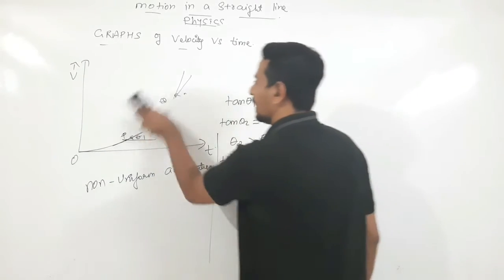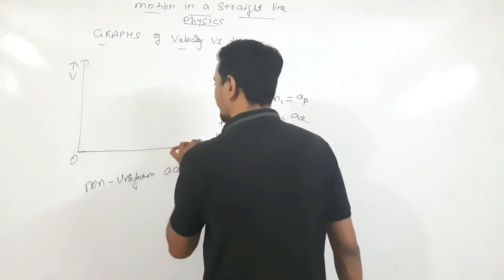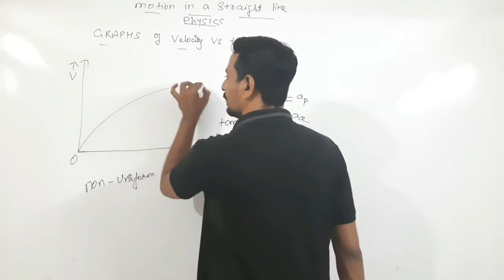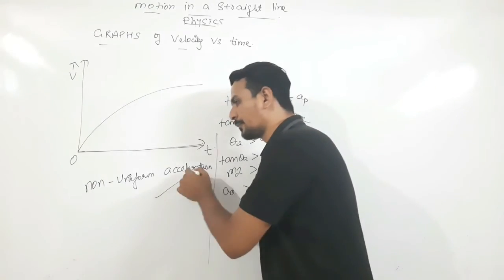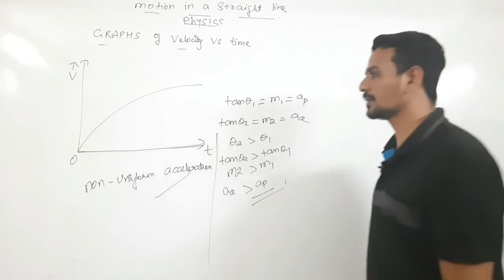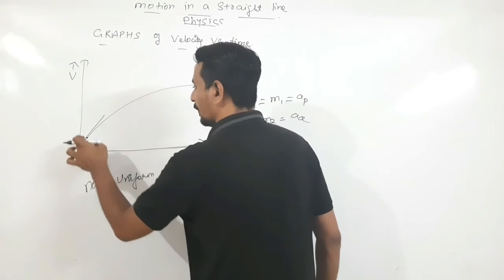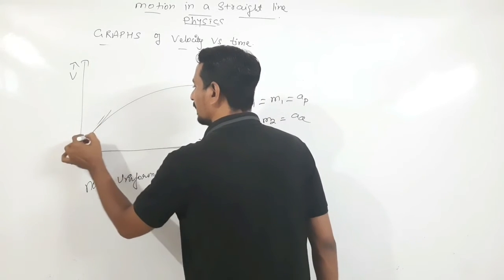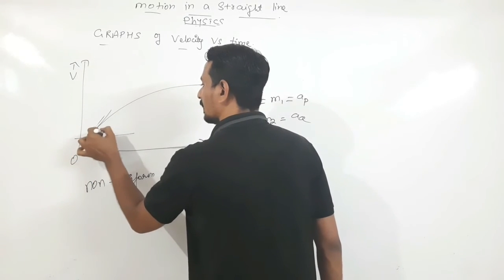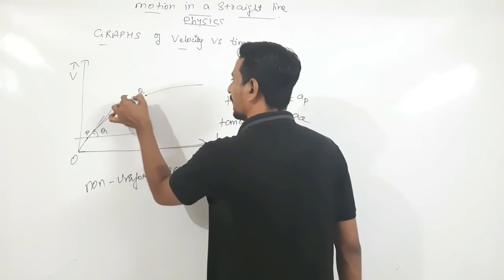Right? Similarly, if the graph is drawn this way, this represents that once again it is non-uniformly accelerated motion. The only difference is that in this, acceleration goes on decreasing. You are asked to calculate the acceleration. So at this point draw a tangent, and again at this point make a tangent.